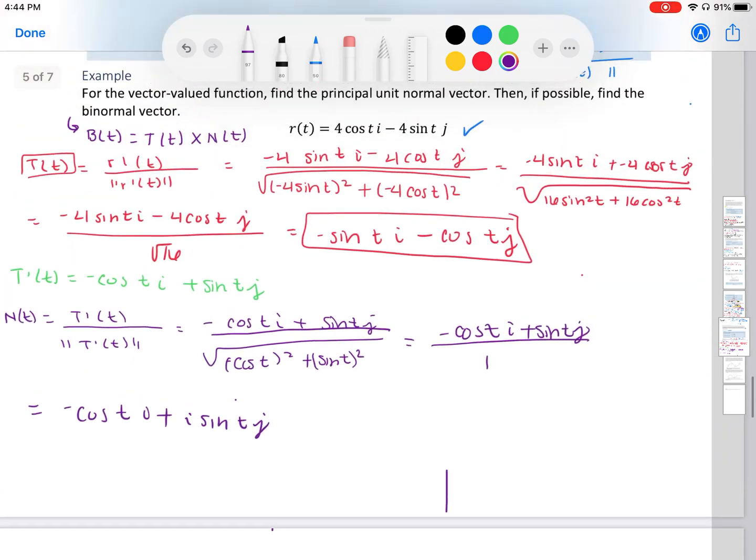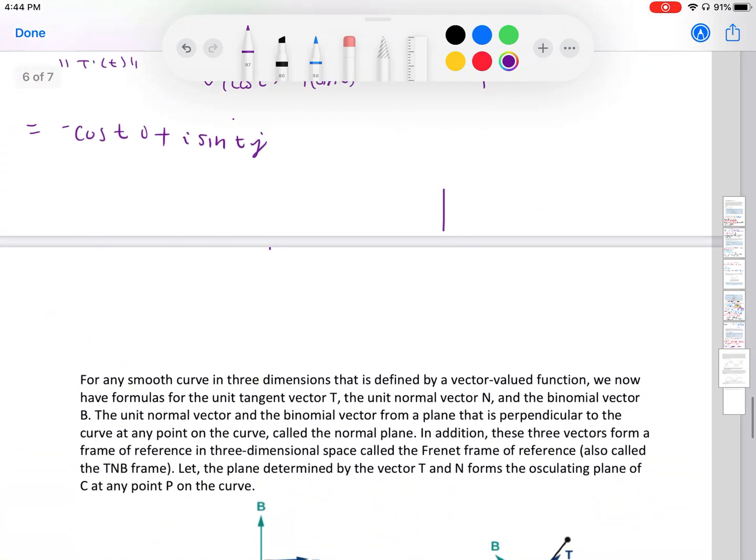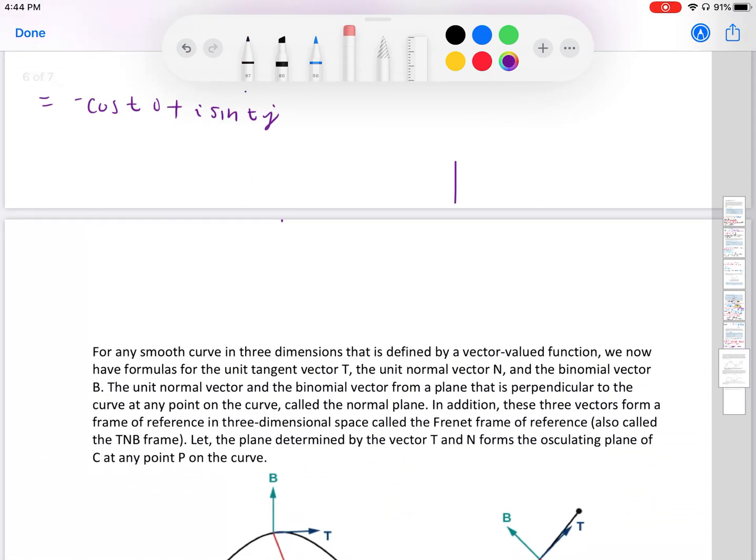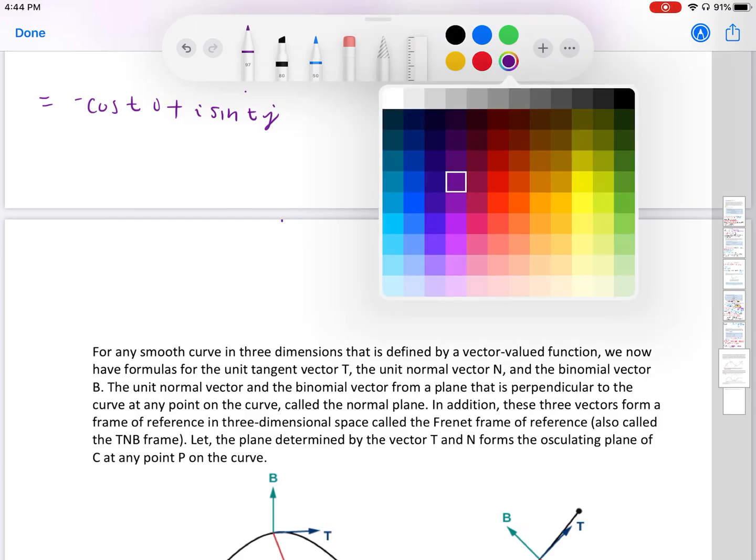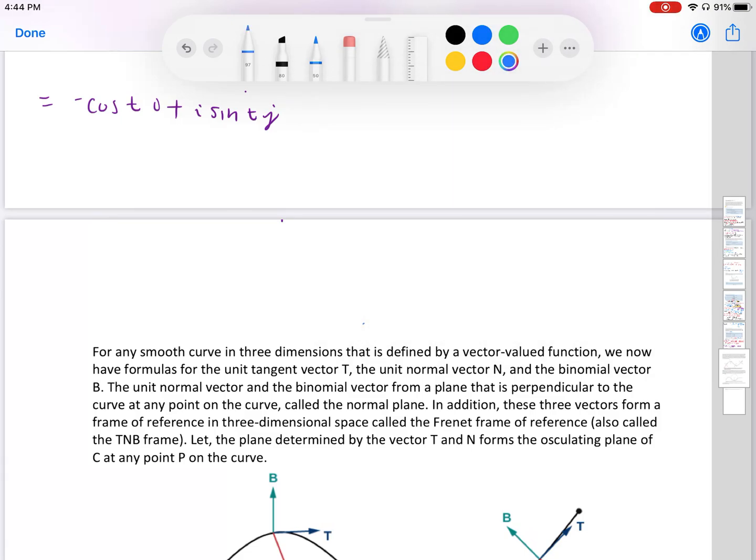Okay, lastly, to find the binormal vector, notice that the unit tangent vector and the principal unit normal vector are orthogonal to each other for all values of t.